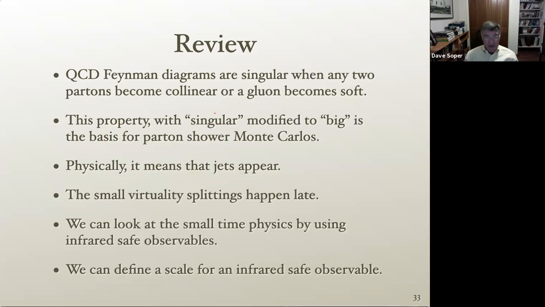The other point we emphasized was that you can look at the small-time physics by using infrared-safe observables. And infrared-safe observables have a scale associated with them. Sometimes the scale is really just the biggest scale around, but like for the thrust distribution for t close to 1, that scale can be small.